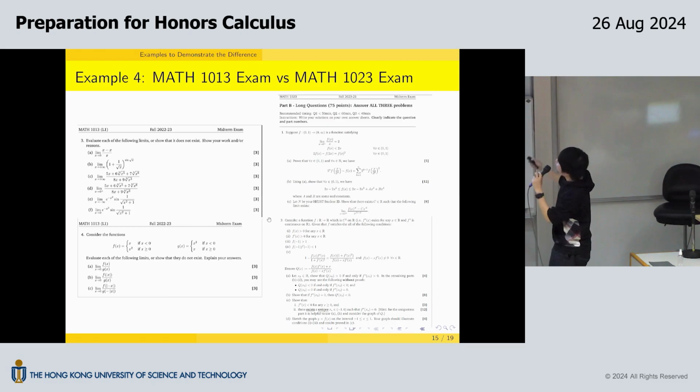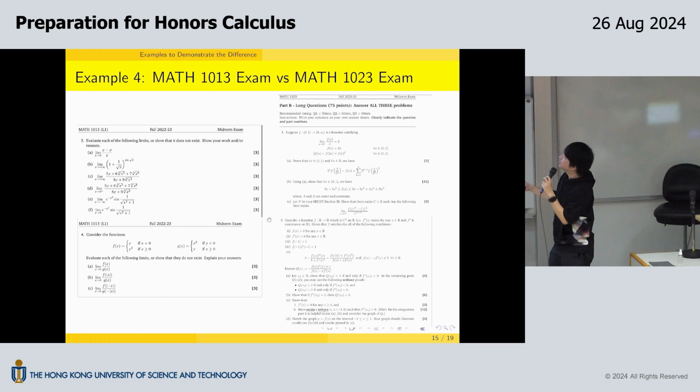Okay, and on the right part of this page, these are some problems from the honor calculus exam. So now you can see that the tastes are completely different, right? So you are given some conditions of the function, and you are asked to prove some property of this function in a question. So the functions are not explicitly given.